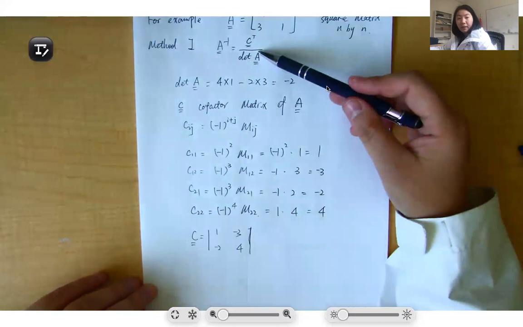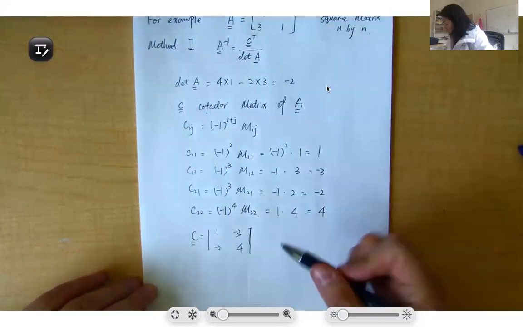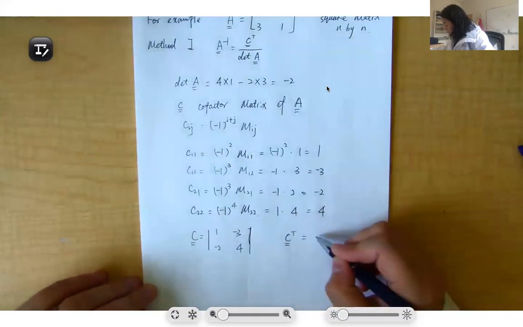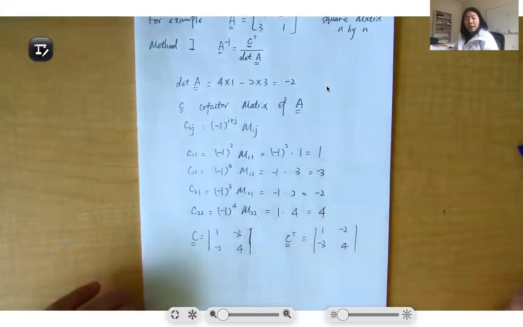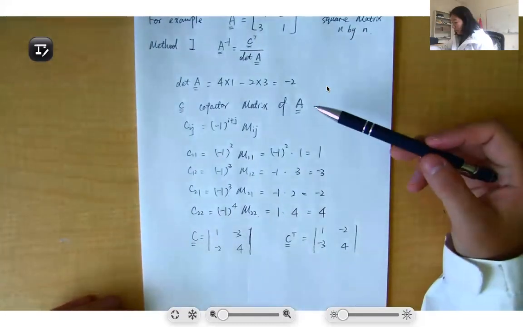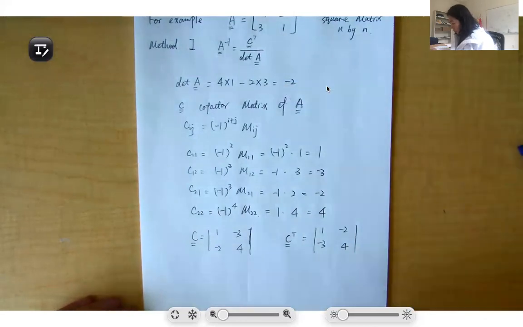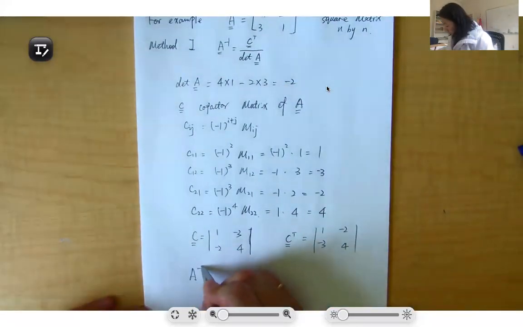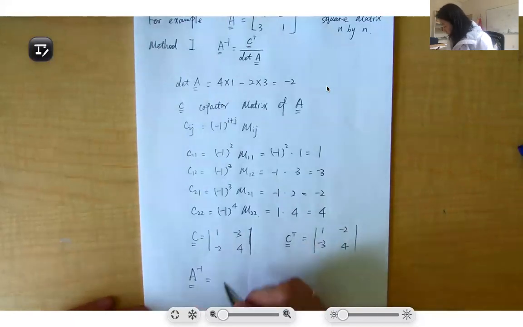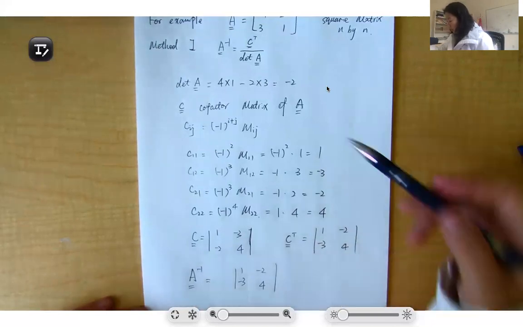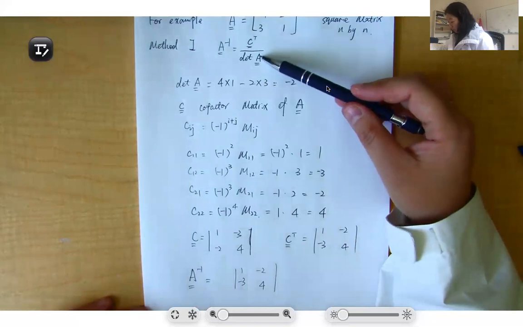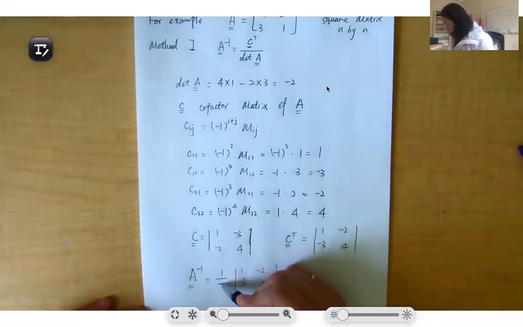And in order to get the inverse matrix of A, you need to do the transpose of C. So the C transpose will be 1, -3, -2, 4. And you already know the determinant, which is -2 here. So in the end, the A inverse will be the transpose of C, which is 1, -3, -2, 4, times 1 over the determinant, which is 1 over -2.